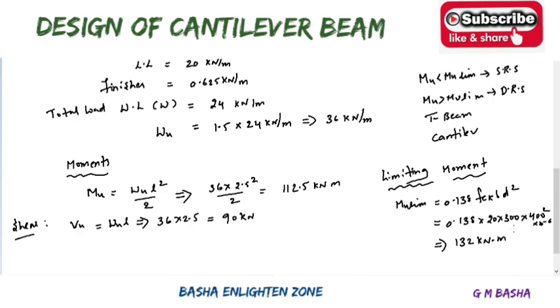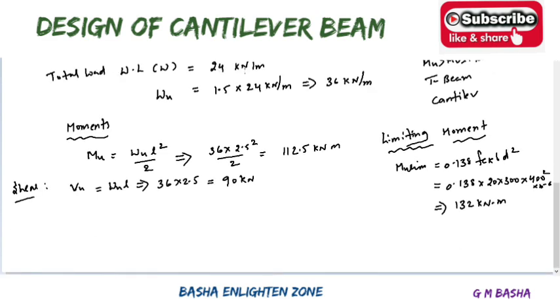If you simplify, you will get 132 kilonewton meter. Here Mu is 112.5, which is less than 132 kilonewton meter. So Mu is less than Mu limit.